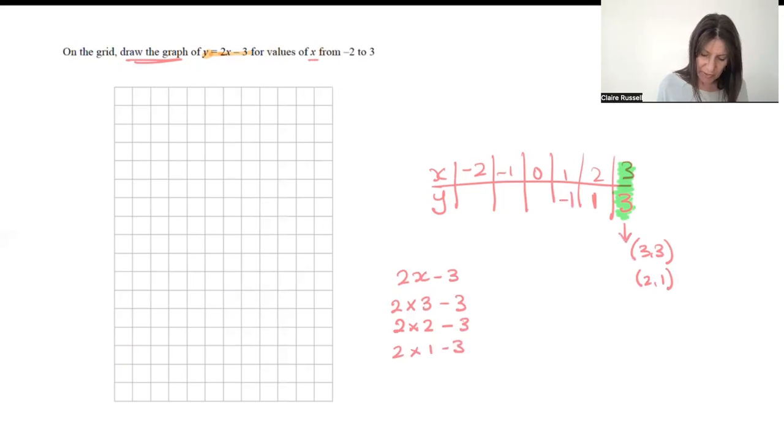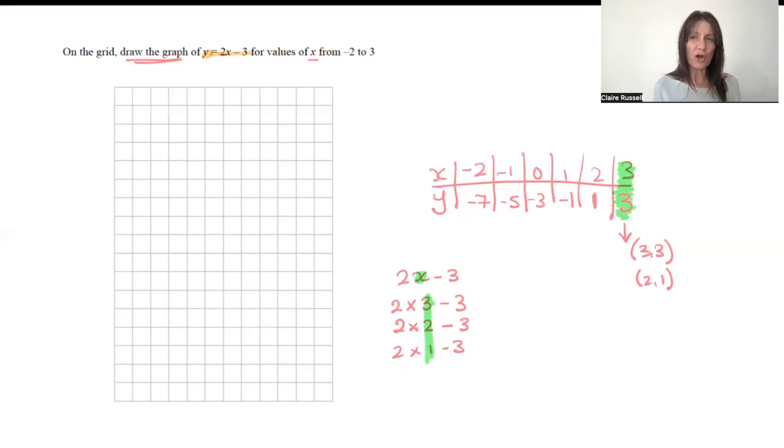And what you should be noting is that the X value is changing each time, but the other parts of the rule are remaining the same. I can now start to see a pattern. This is going down 2 each time. So to save me doing all that work, I can now just take away 2, take away 2, take away 2. And then I have all the coordinates I need to plot.